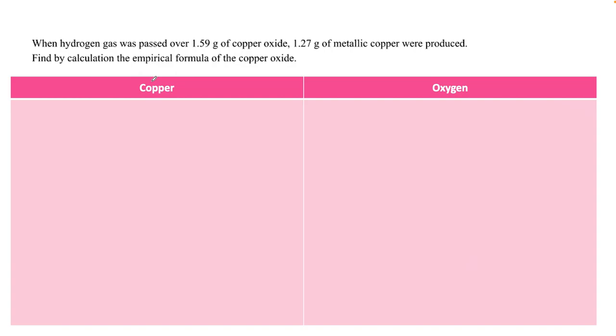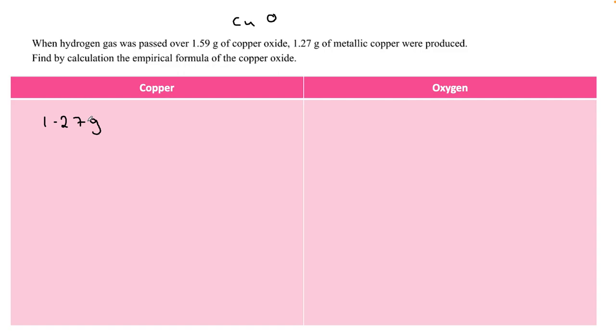So what I'm going to do first is find out how many moles of copper there are in that. So of my CuO, or the copper oxide, we'll figure out what the ratio of them is now. Of that, 1.27 grams of it was copper. Now remember, the empirical formula deals with the ratio, the simplest whole number ratio of the atoms to each other.